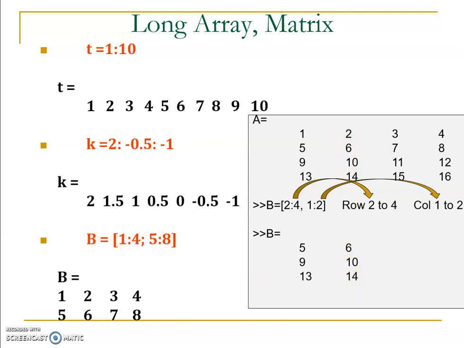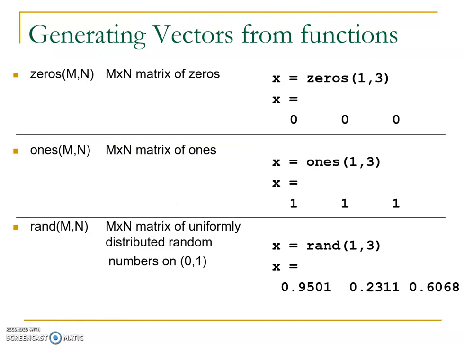Now moving on to the next, we have a few inbuilt functions or commands for creating the matrix, such as zeros m, n. If I say x is equal to zeros 1, 3, it means create a matrix of all zeros with one row, 3 columns.